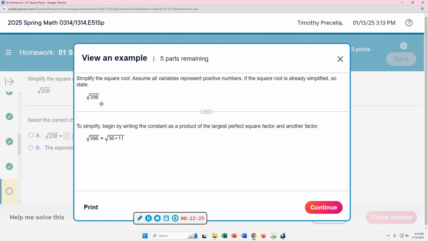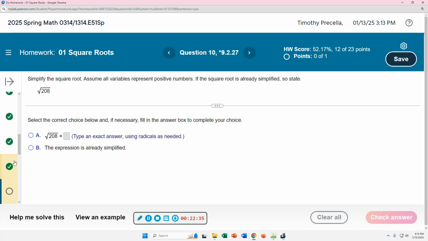They might present it slightly differently from how you write it, but it's still the same thing. Also, Help Me Solve It will step you through the problem, but it will immediately change your numbers and you'll have to do a whole different problem. So I'm not going to click on Help Me Solve It, because some of you may have already written down the 208. This is number 10, and we want the square root of 208.